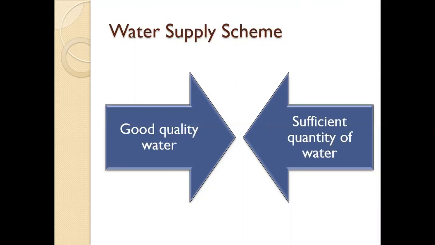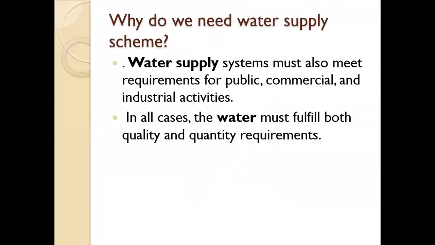So that requires skills, that requires management. So this water supply scheme, basically, is the management of water from sources to the end point, like the users. Water supply systems must also meet the requirements for public, commercial, and industrial activities.